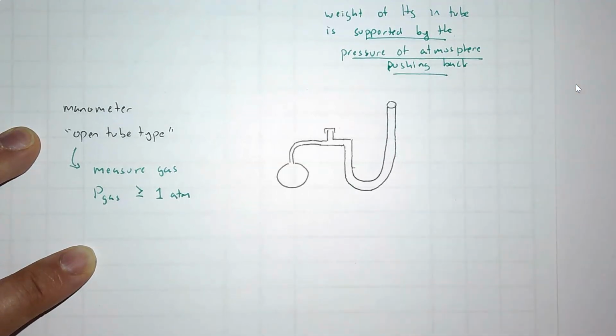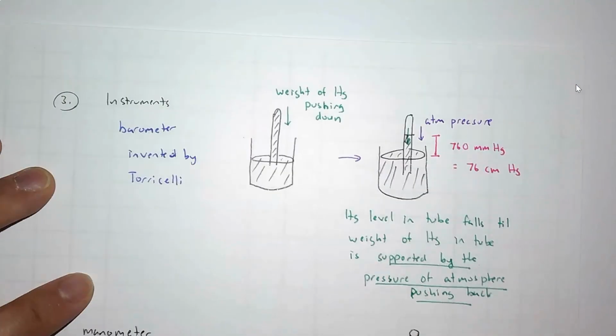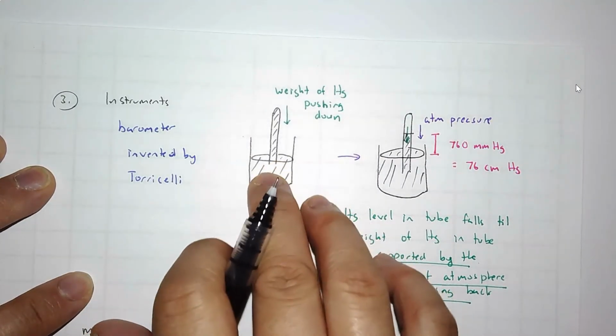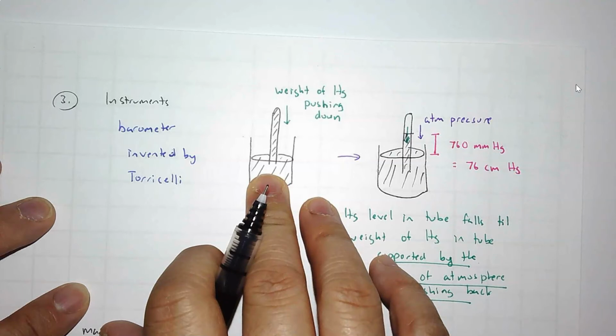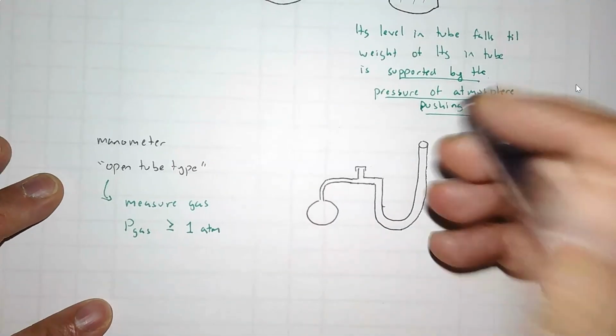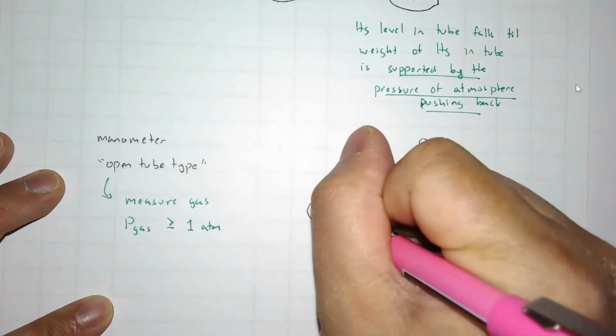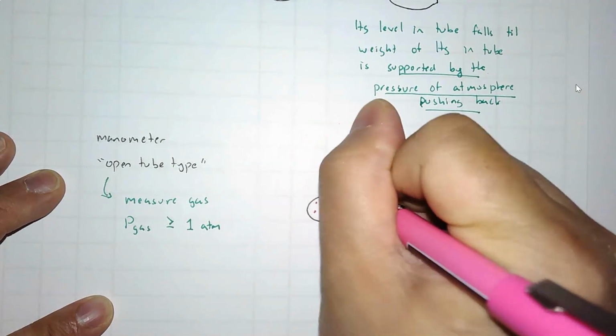Okay, let's stop there. So, mercury again. The mercury here is indicated by the black filled in area. Over here, this gas that I'm going to represent as pink is pushing.